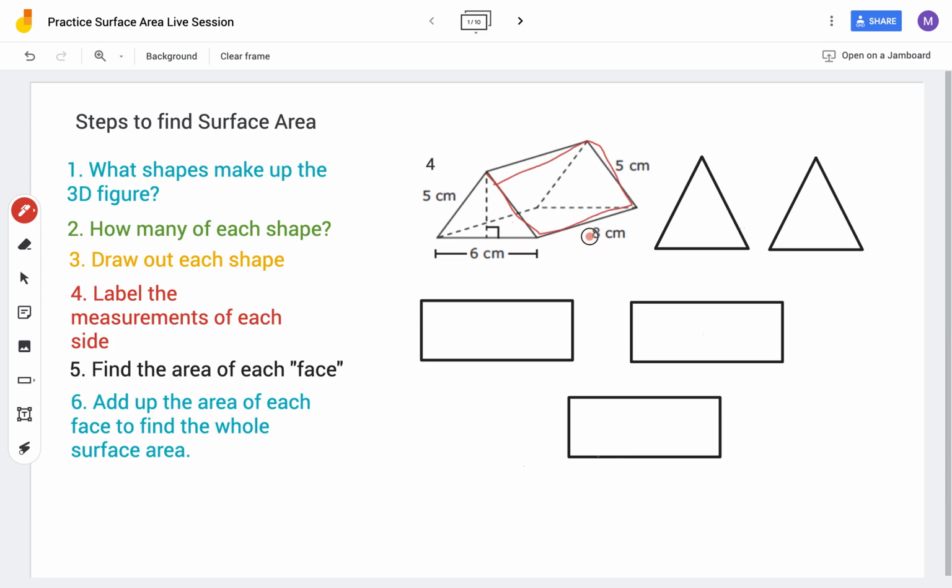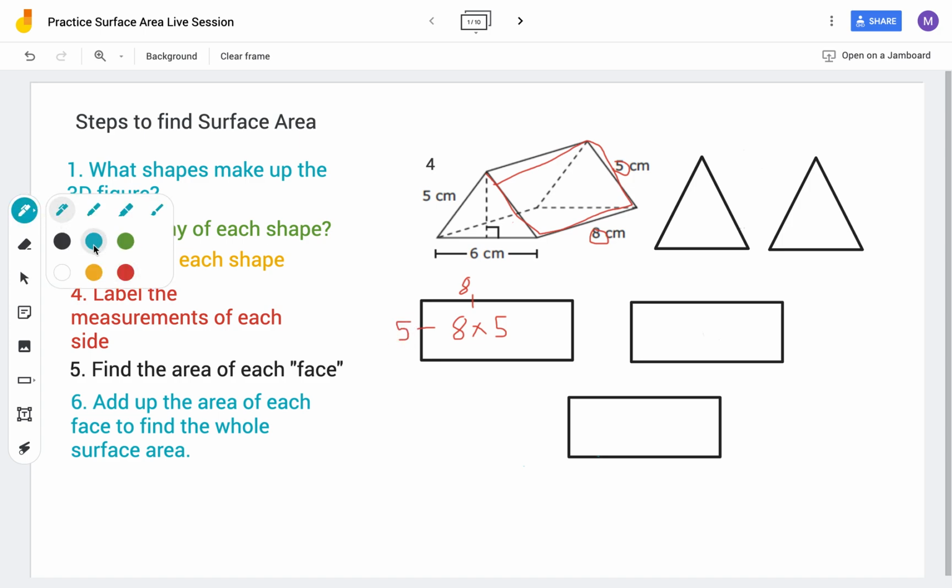This rectangle is 8 by 5. I'm going to write 8, because I know length times width for area, times 5. So this is 8, and this is 5.